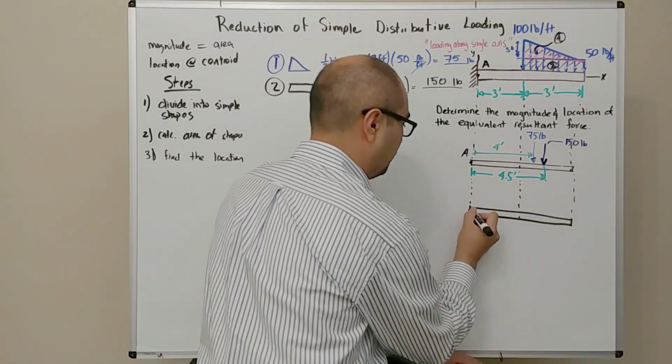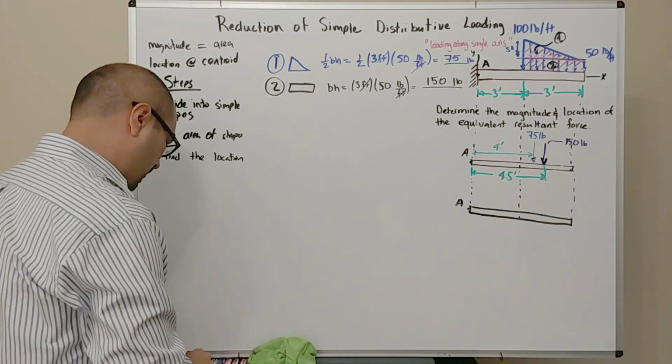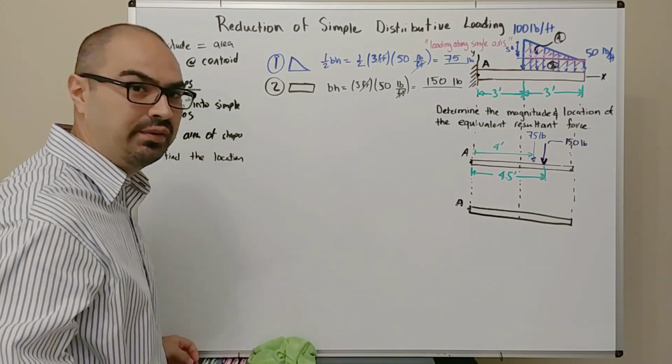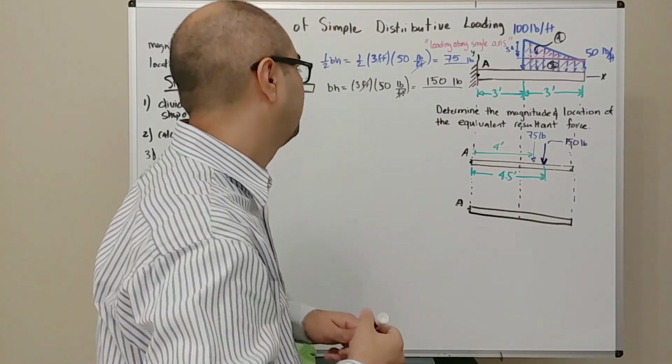This is the beam. This is A. And now we want a single resultant force and couple moment acting at A.